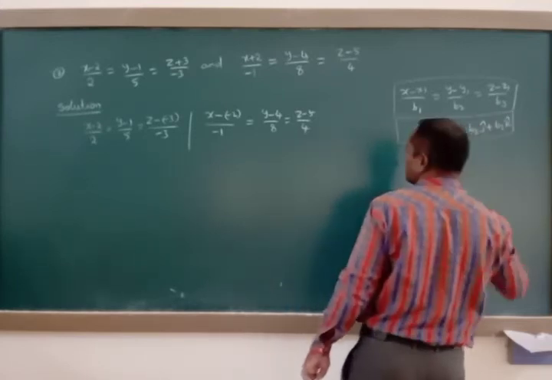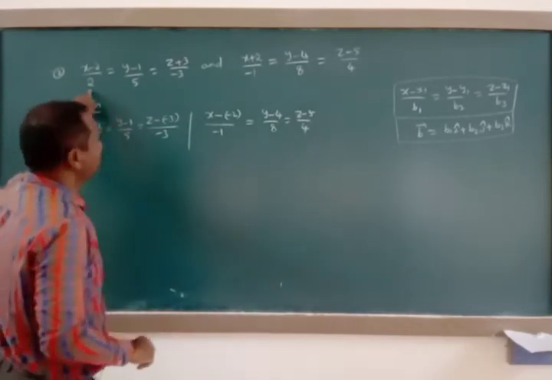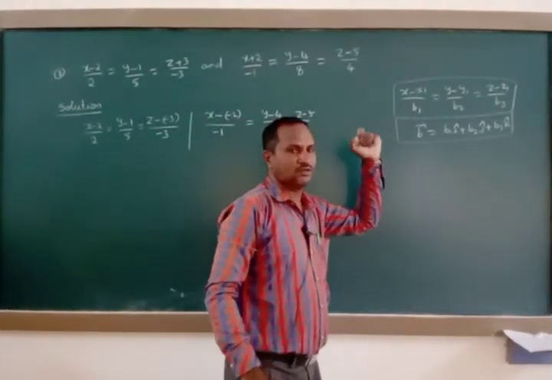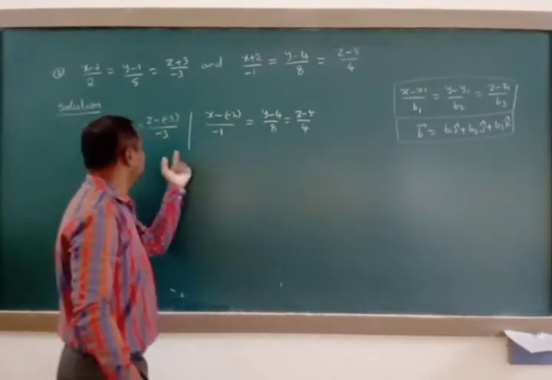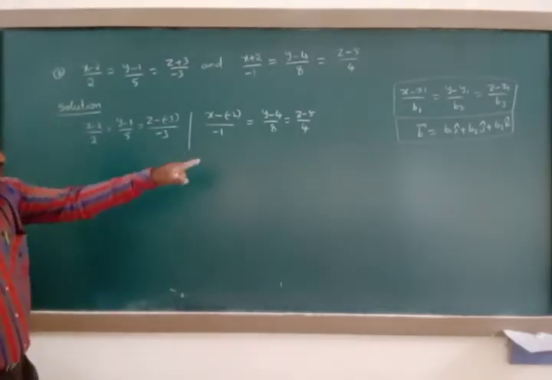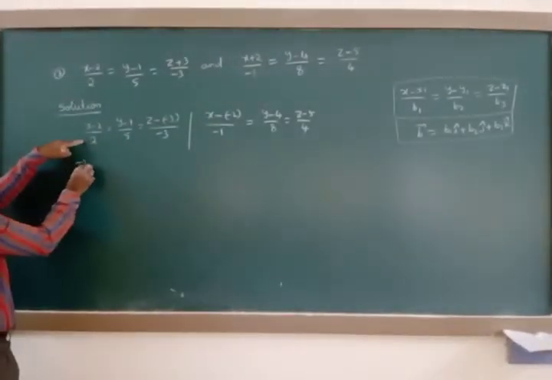Whenever we see lines in Cartesian form, we convert them into this form, and from that we collect b1 vector and b2 vector.